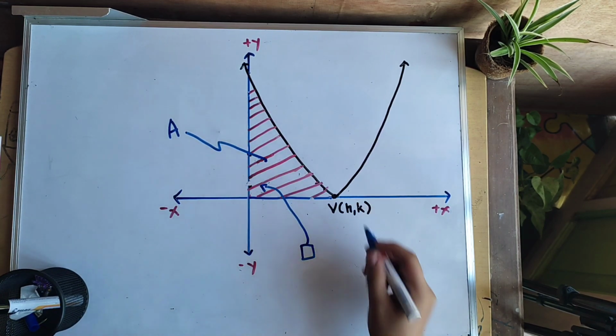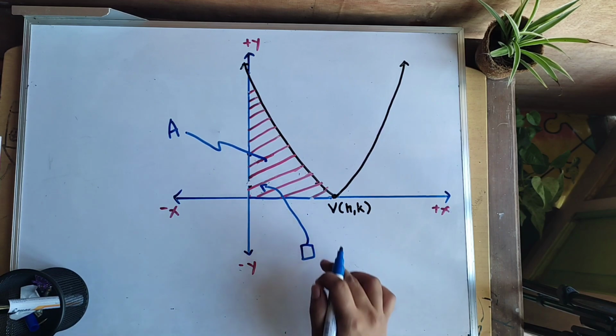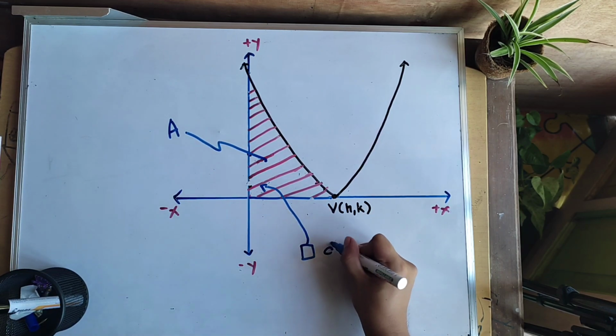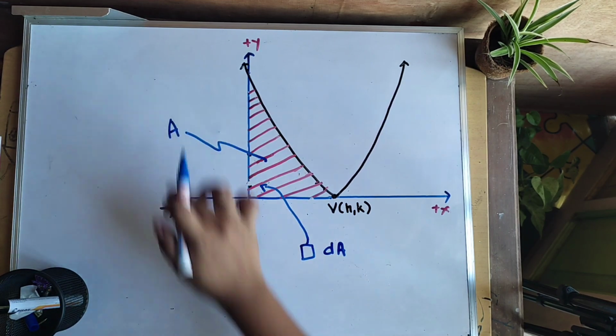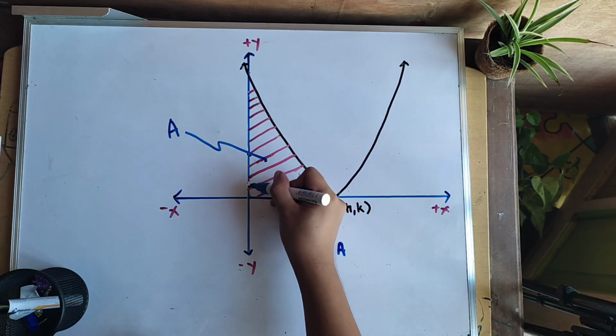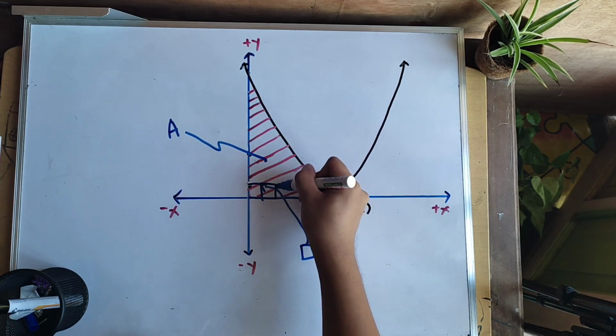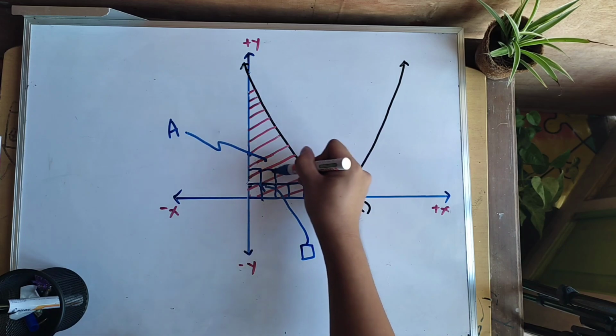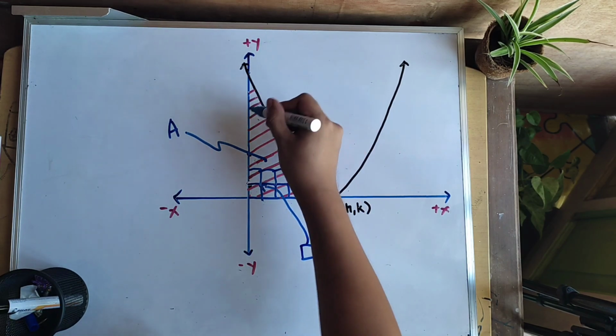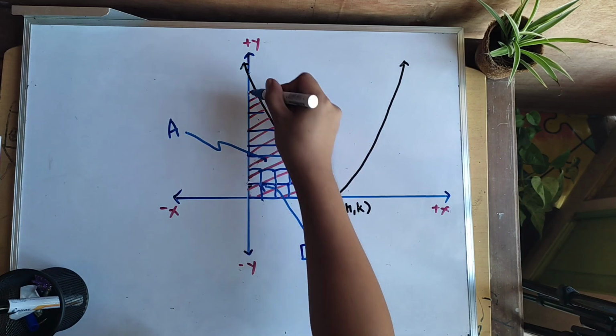Itong mga strips na to, and therefore, we call this dA, since it is a part, meaning, it is just a part of this area. Now, itong mga dA na to, ilalagay natin yan dito, pupuniin natin tong curve na to or tong region na to. Yan, assuming napuno na natin yan ng mga strips.